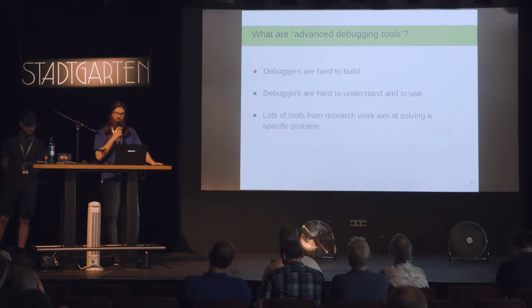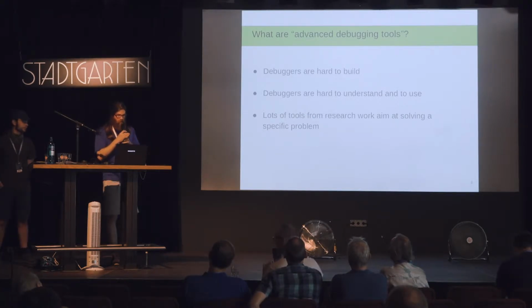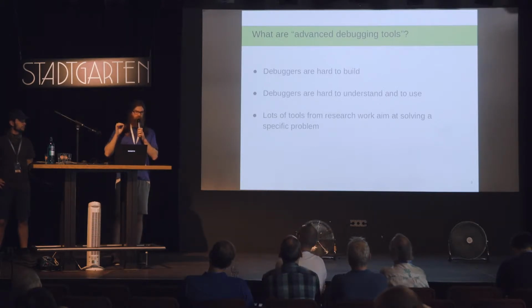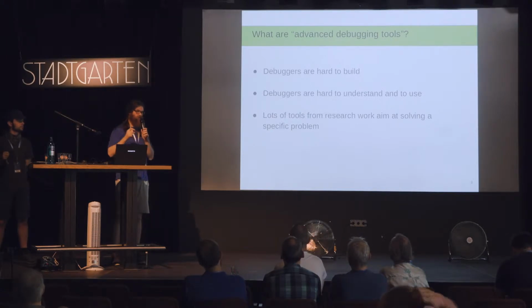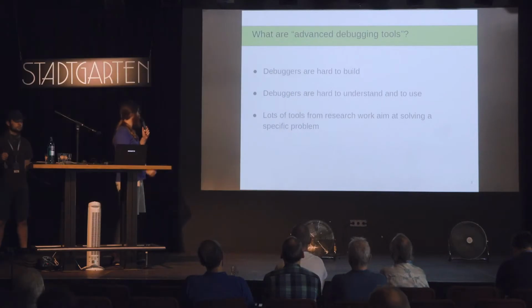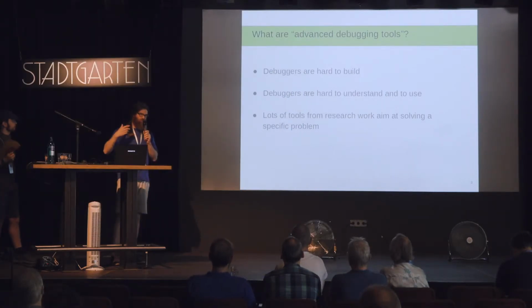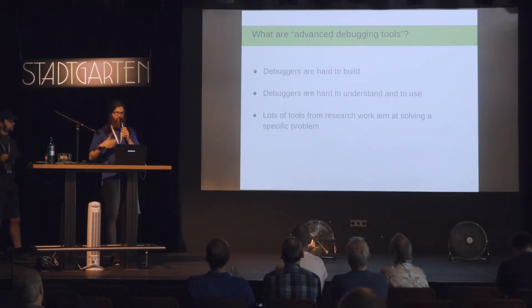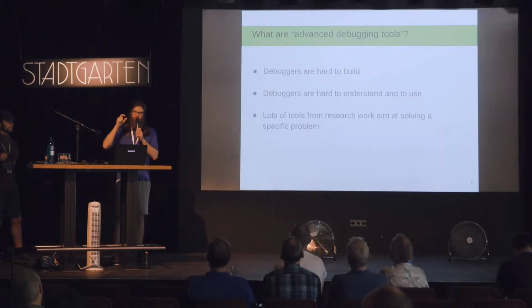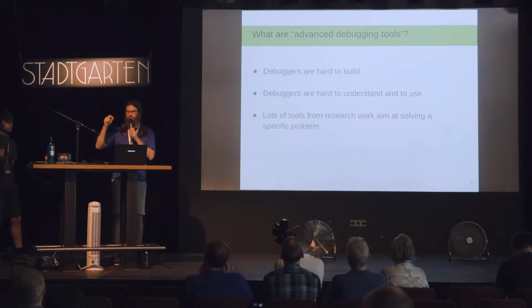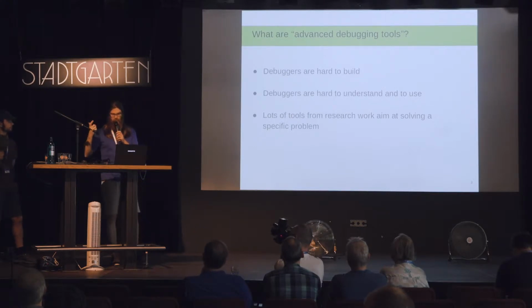So in the context of our research, we have the fact that debuggers are very hard to construct, and they are hard to understand and to use by developers. And if you look at the tools produced by research works, you often have one specific tool that will help you solve one specific problem when you debug.